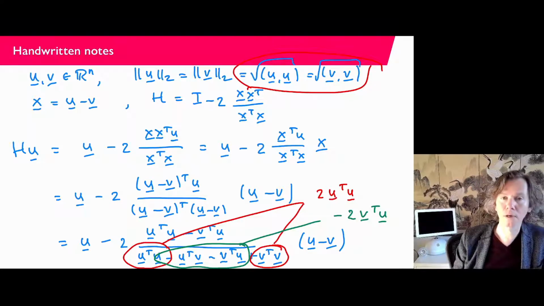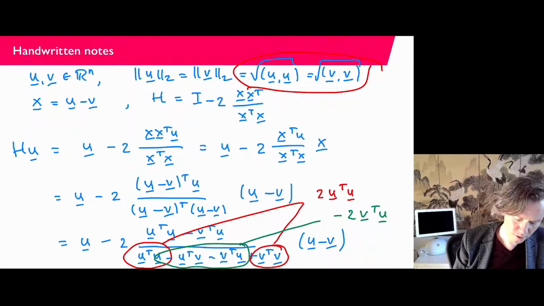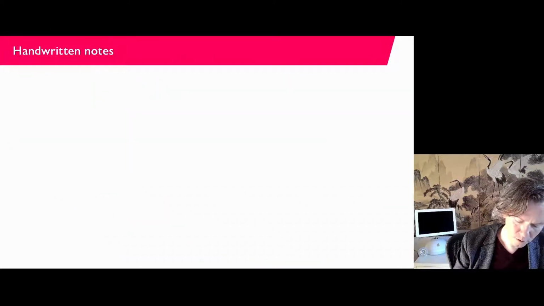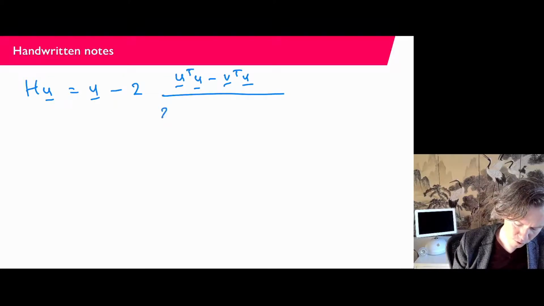Okay, so let's see what we have now found. So I'm going to copy what we have to the next slide. So what we found here now is that h applied to u equals u minus 2. In the numerator, I just copy, we had u transpose u minus v transpose u. In the denominator, we have apparently 2u transpose u minus 2v transpose u, and the whole thing times u minus v.